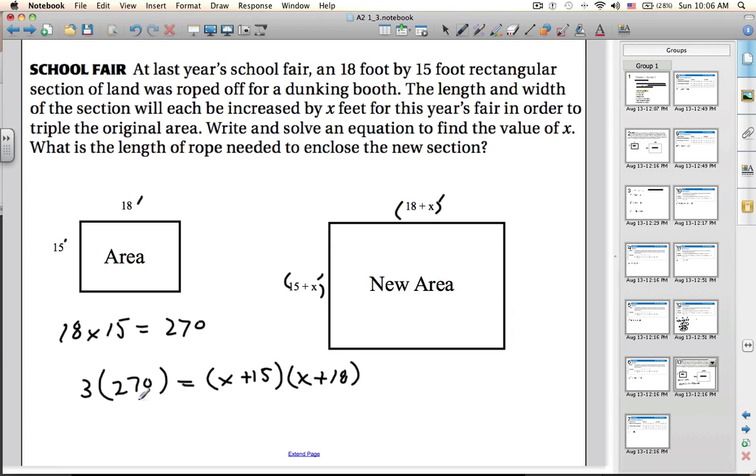So when I multiply these out, this is going to be 810, and this becomes x squared plus 15x plus 18x plus 270.